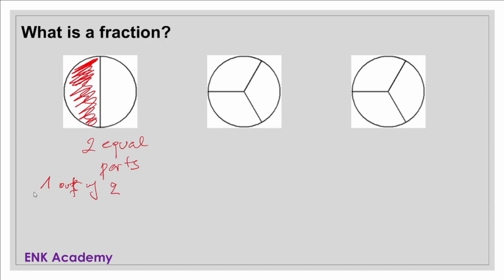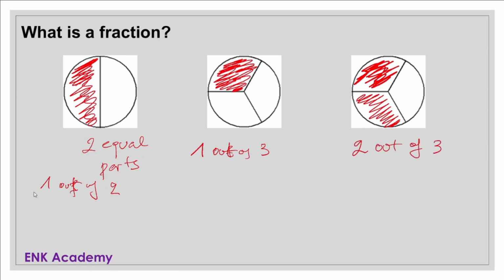The same way, if we have a single object and we want to look at a single part as well, we will say that we are taking one out of three, or we can also imagine that we want to take two parts and leave one. That means we will have 2 out of 3 parts.